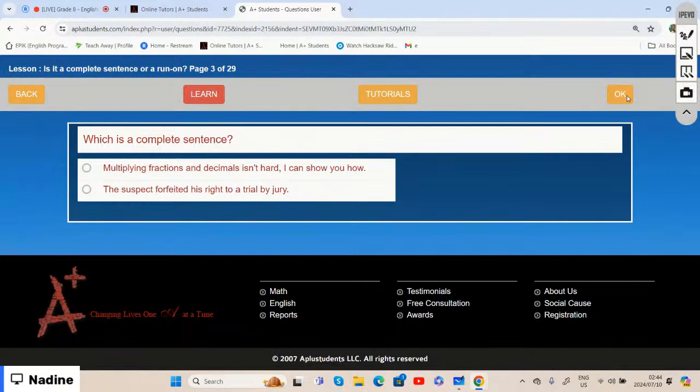And if we were to select our complete sentence, we would say that the suspect forfeited his right to a trial by jury.